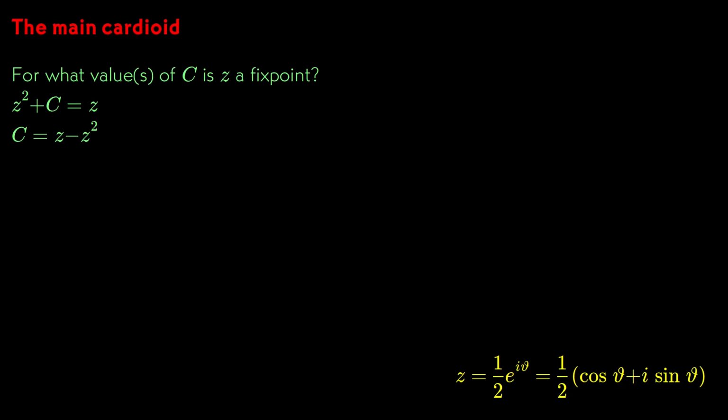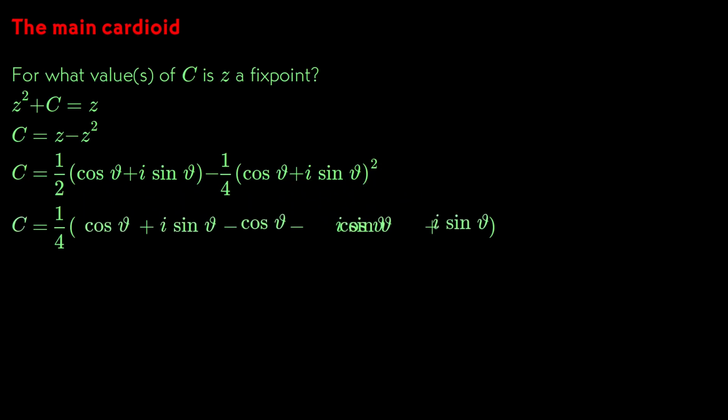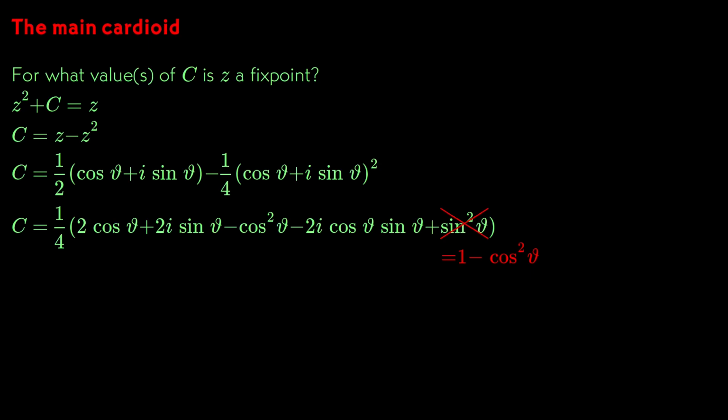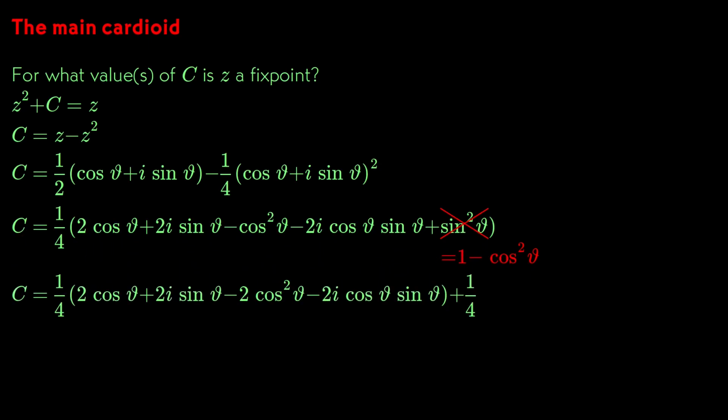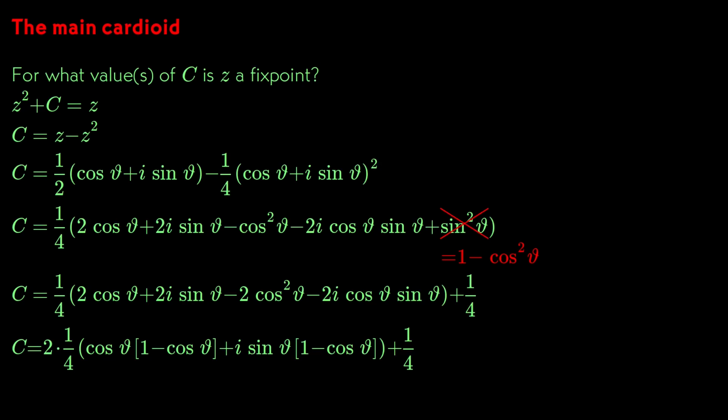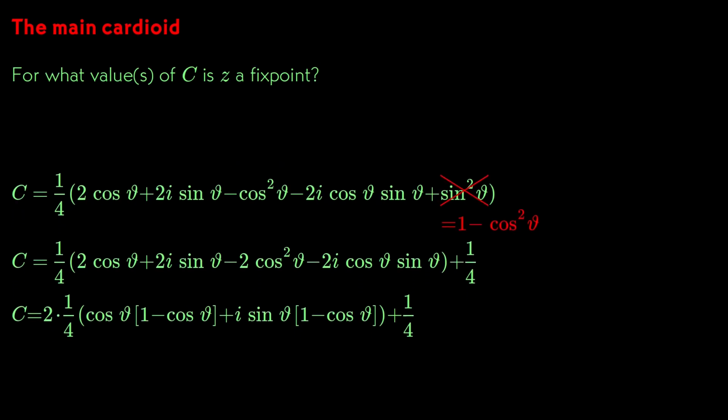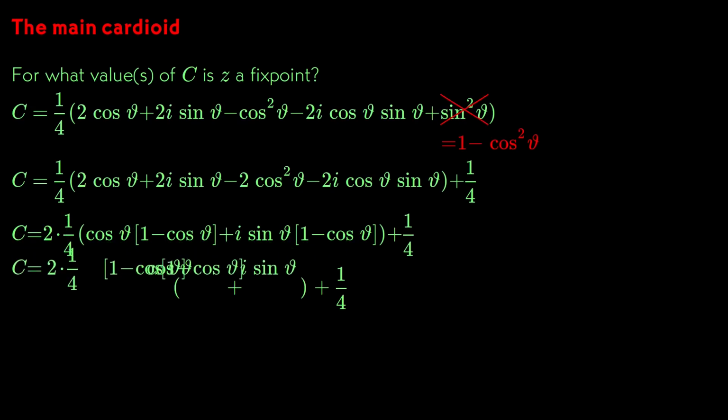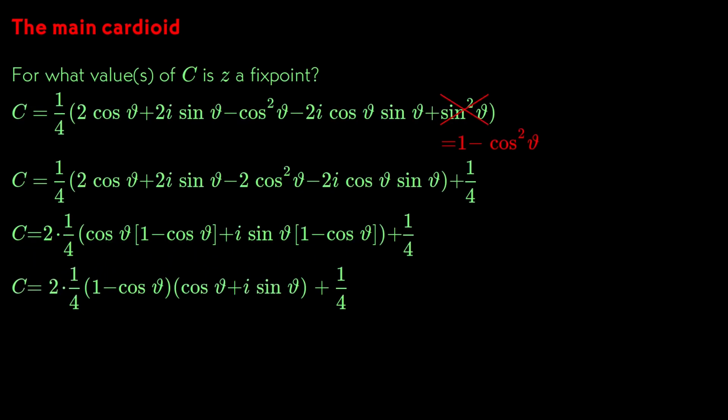Now we substitute in the formula for z on the circle's circumference and simplify the resulting equation on algebra autopilot. You'll see in just a moment why I chose this specific form to leave the equation in.